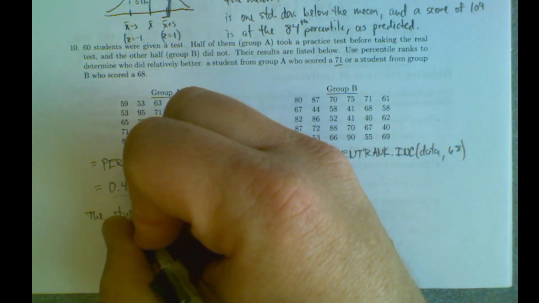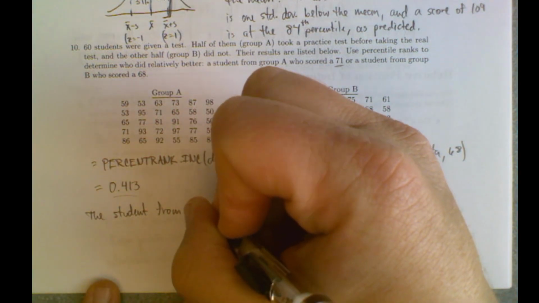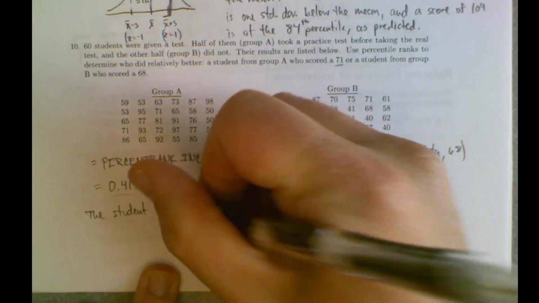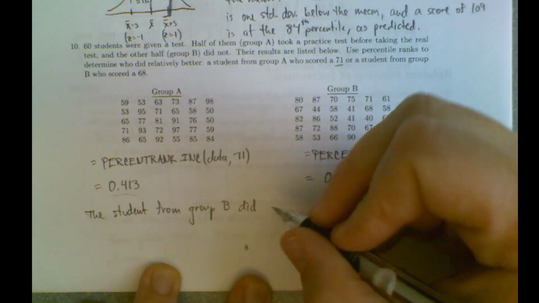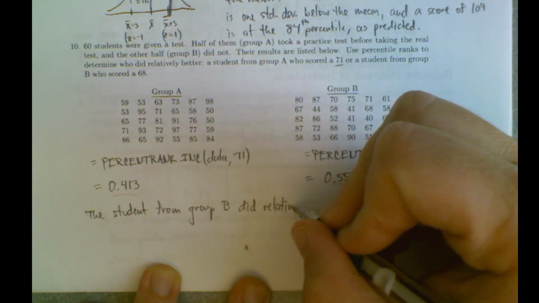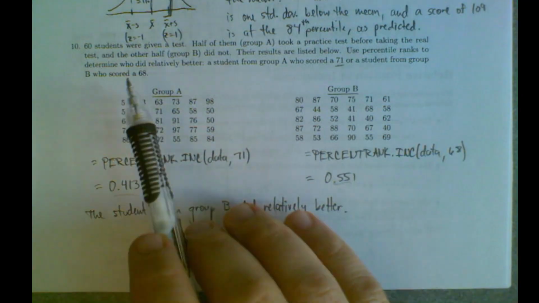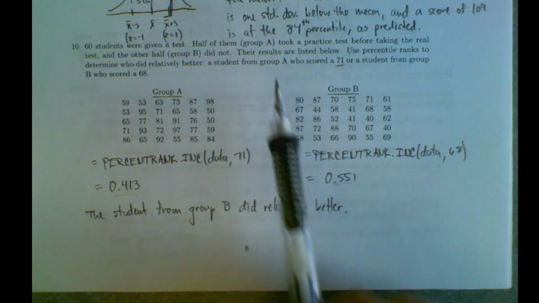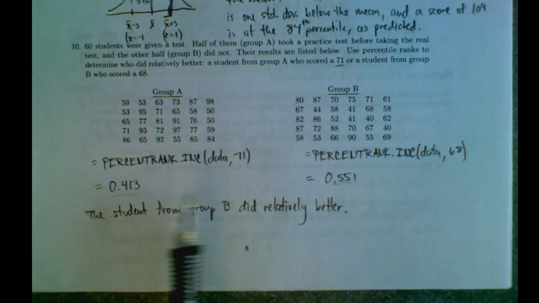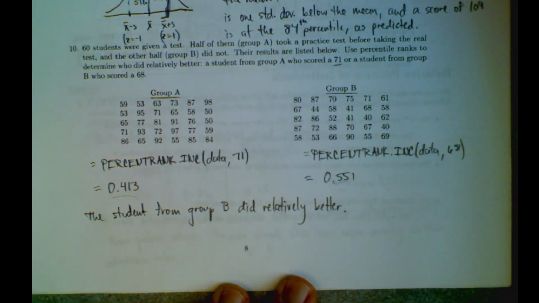The student from group B did relatively better. Again, in absolute terms, they did worse, right? 68 is worse than 71. But relatively, they did better, right? 0.551 is bigger than 0.413. Okay.